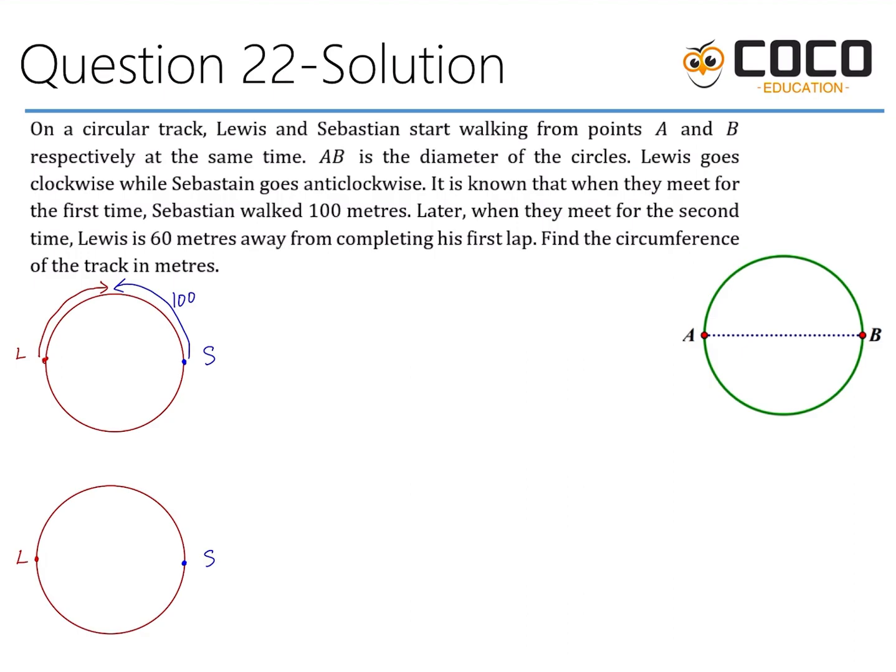Now, when they meet for the second time, Sebastian traveled all the way to here, whereas Louis starts from here, so travels all the way to here. Now we compare the two figures.